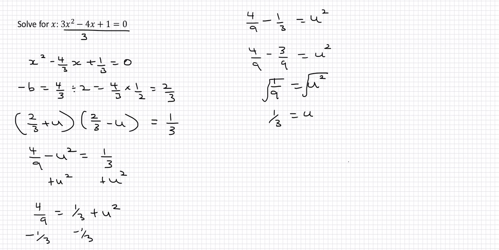So now our factors here, or our values for x, are going to be 2 over 3 plus 1 over 3, and then 2 over 3 minus 1 over 3. So here you have 3 over 3, and then you have 1 over 3. Therefore, x is equal to 1 and 1 over 3.